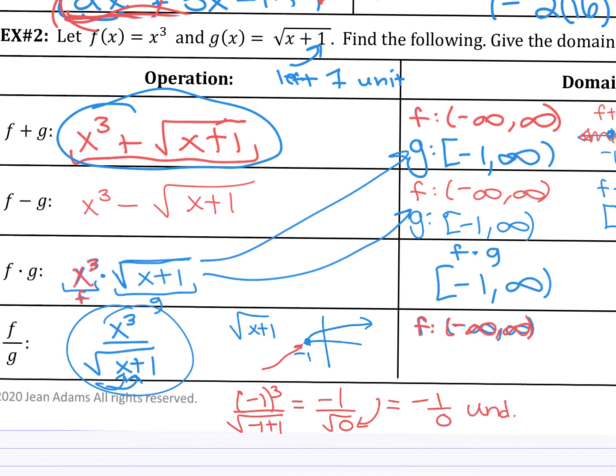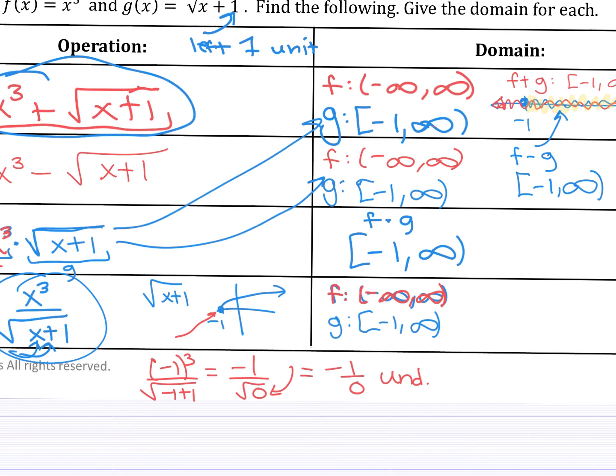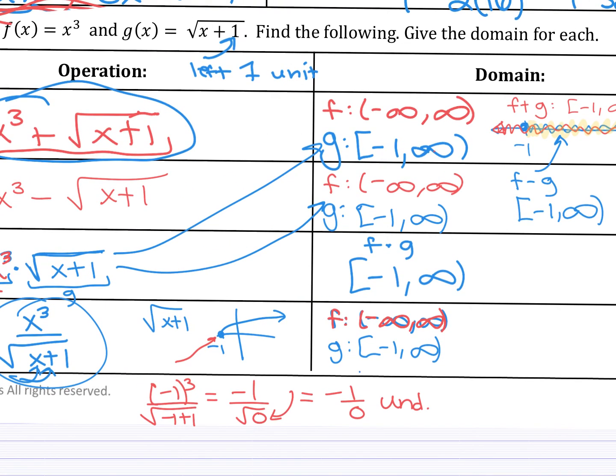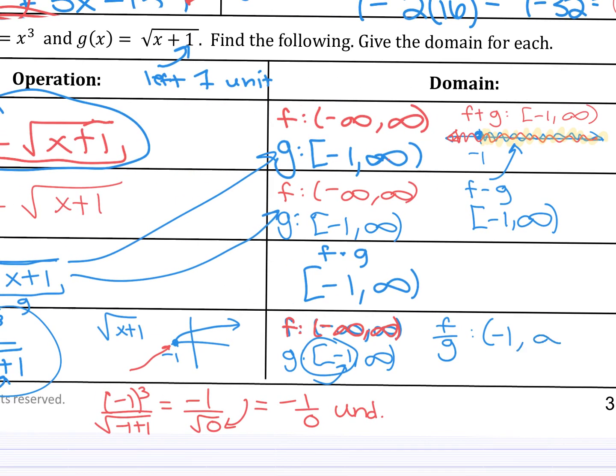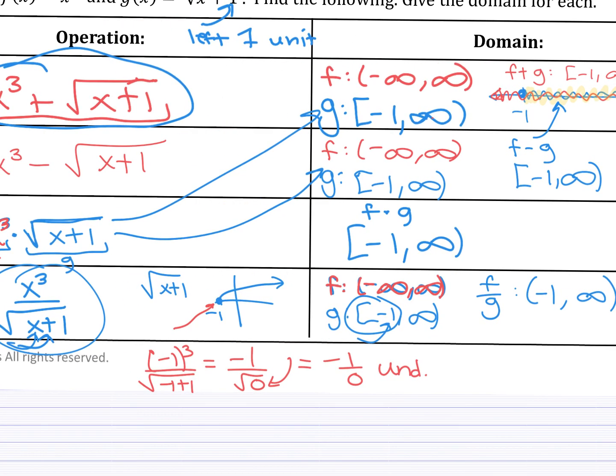So when I look at g, the blue function, the domain for g is negative 1 to infinity. However, when I divide f by g, I can no longer include negative 1 as part of my domain. So we'll say that the domain for f divided by g is actually from negative 1, not including negative 1, to infinity. Right? F divided by g can no longer include negative 1 because if we substitute negative 1 into that ratio or quotient, we end up dividing by 0.